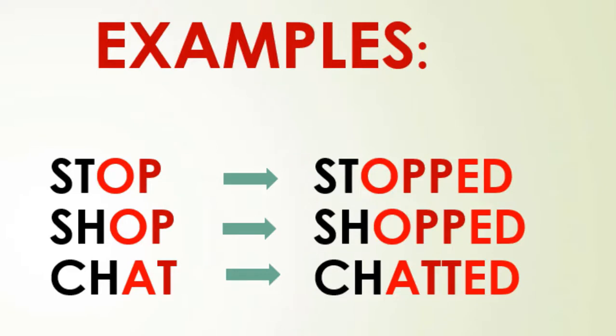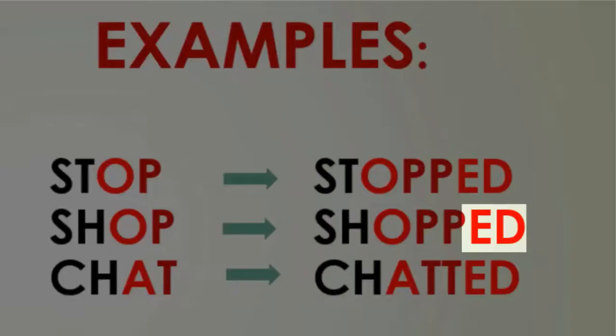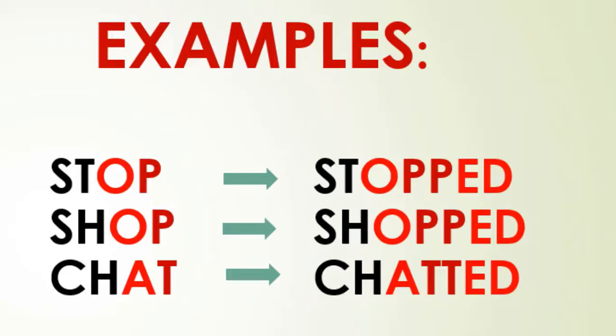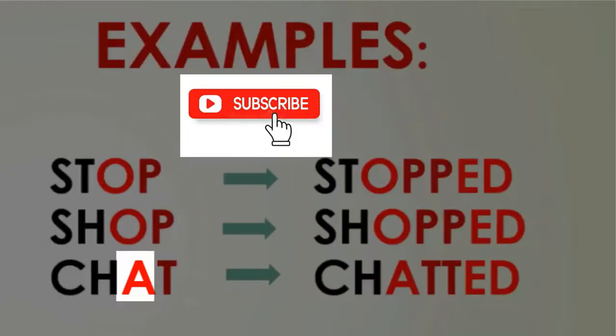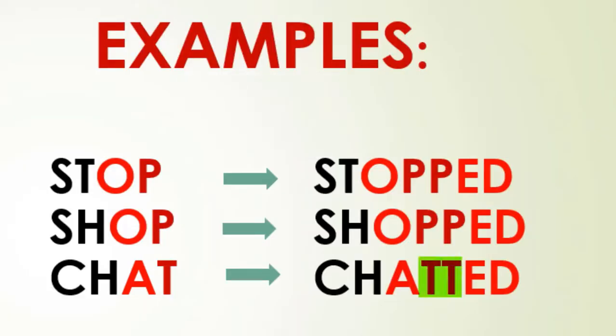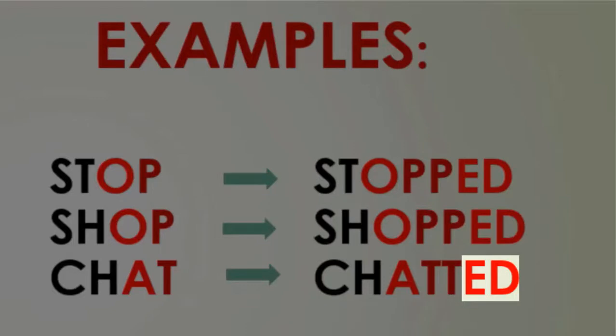In the second example, the last letter is P and before it we have an O, so we double the P and we add ED. The same thing can be said about chat. The last letter is T and before it we have an A, so we double the T and we add ED.